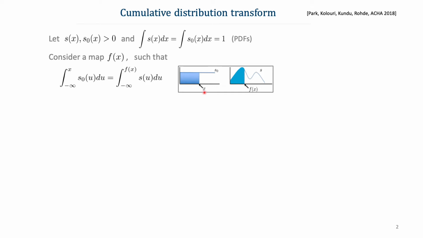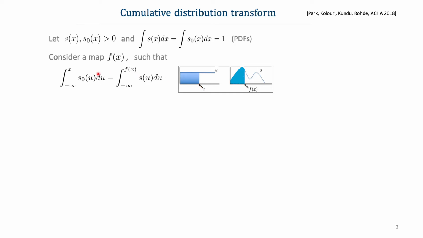So there will be a mapping from the domain of signal S naught to the signal S, which we call f of x. Right? And simply the mapping is the coordinate in the domain of S such that the area under the curve of S is matched to the area under the curve at x, right?